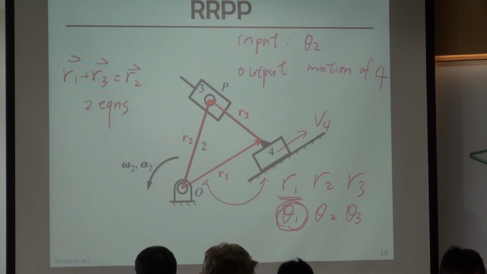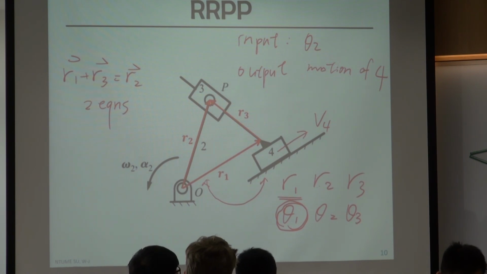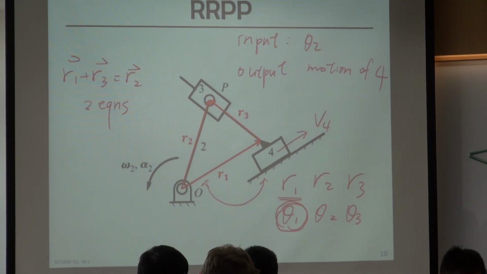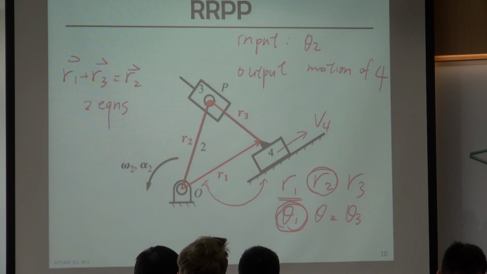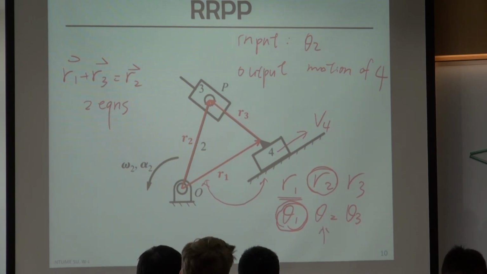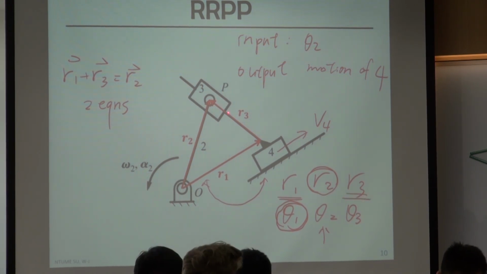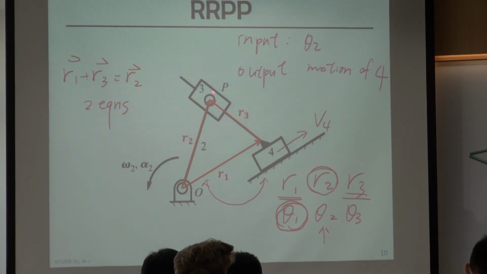How about R2? R2 should be constant, right? Because it's between two revolute joints, the distance is not changing. So R2 is a rigid body. Theta 2 is the input. How about R3? R3 is changing, right? Because the slider is moving up or down, so R3 is going to change.